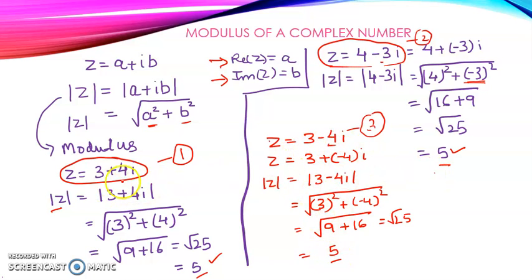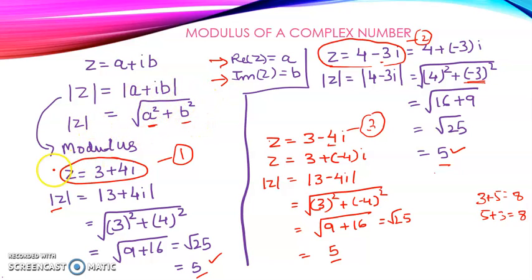So the order of the real part and imaginary part does not make any difference, even if they are interchanged with the signs. Suppose I ask you what is the value of 3 plus 5? That is 8, and if I ask the value of 5 plus 3, that is also 8. Are you following, students?